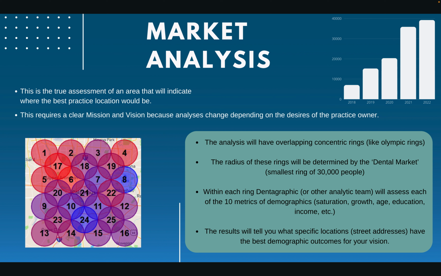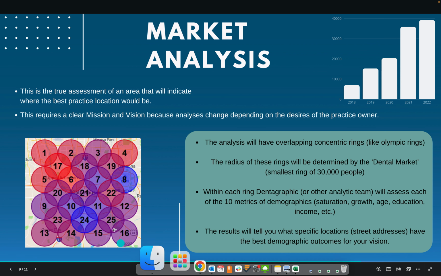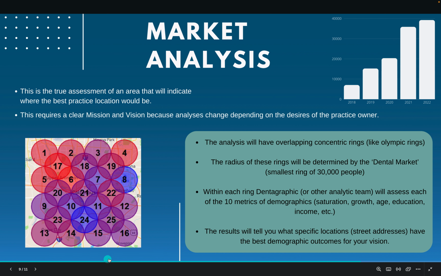The 30,000 people. And we'll see how well certain areas perform. And so you're going to get these overlapping concentric rings that you can see over here in the left side of our screen. And they kind of look like the Olympic rings, right? They're overlapping, and you can see that no area has been missed by these rings.